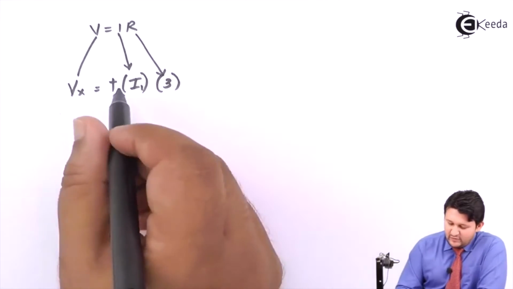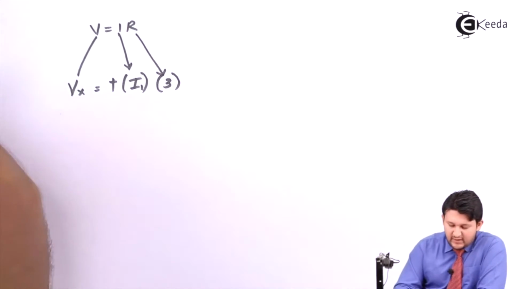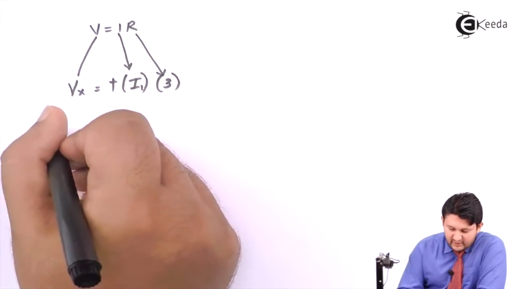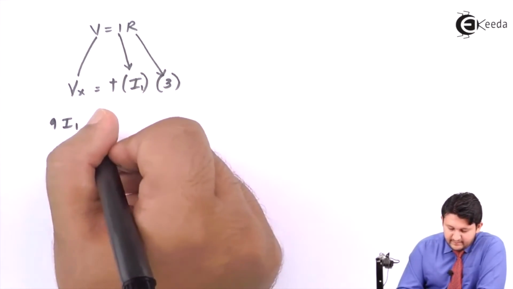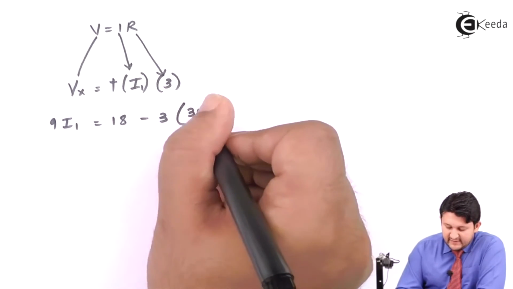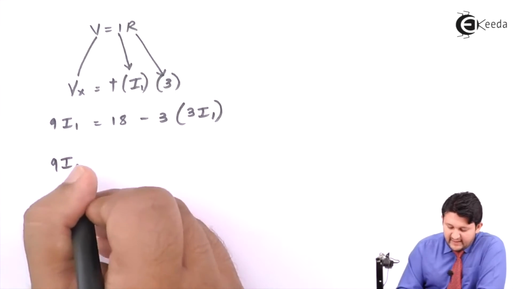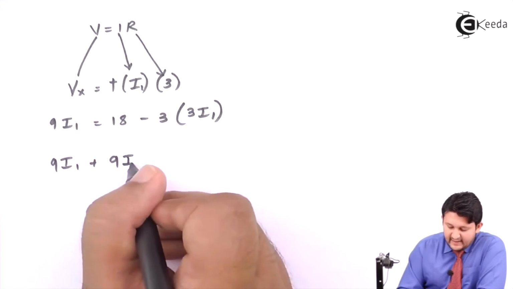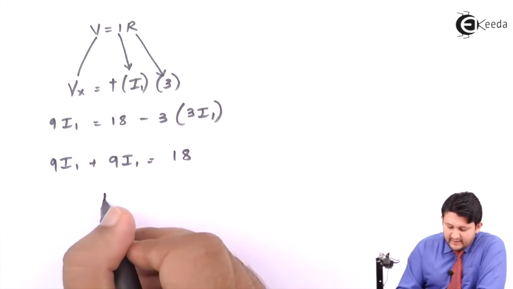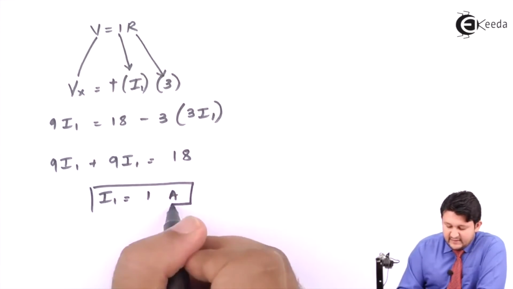Okay, so you got the value for Vx, put the value for Vx in the previous equation. So your equation which you got was 9I1 equal to 18 minus 3Vx. So value for Vx is equal to 3I1. So shift the value for I1 over here. So 9I1 plus 9I1 equal to 18. So value for I1 will be 1 ampere. This is the value for I1.